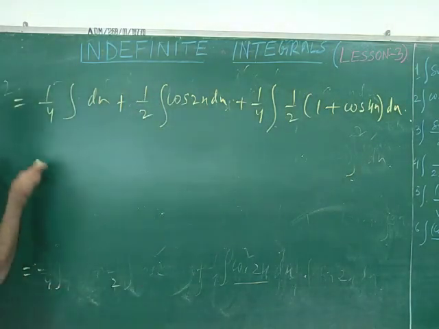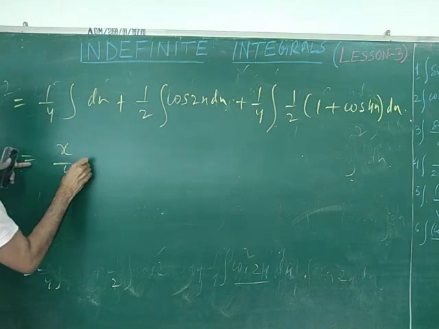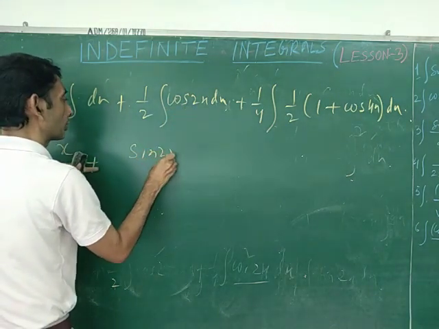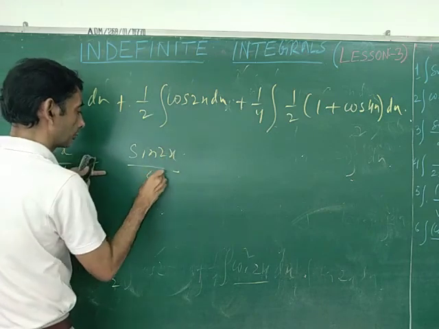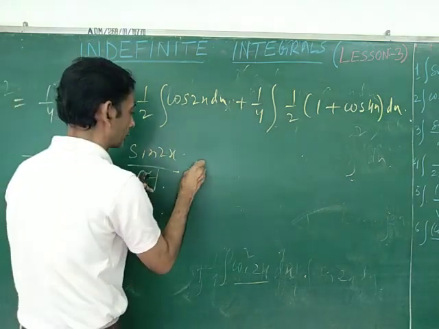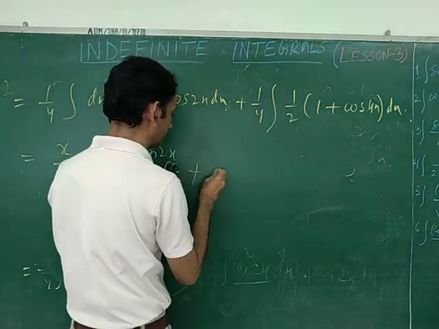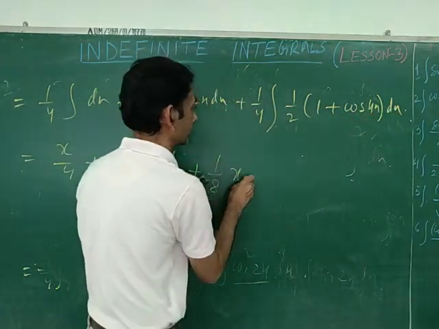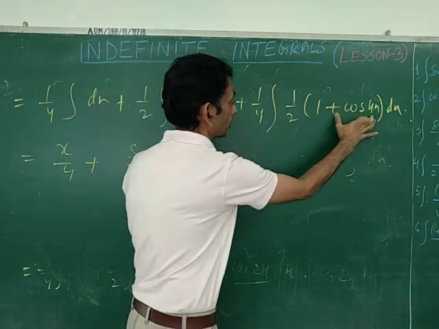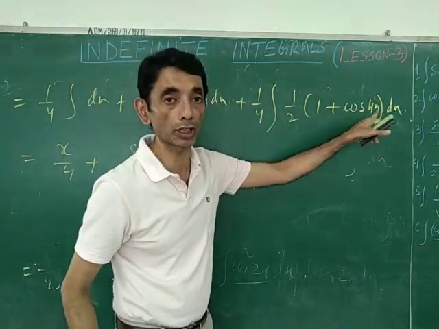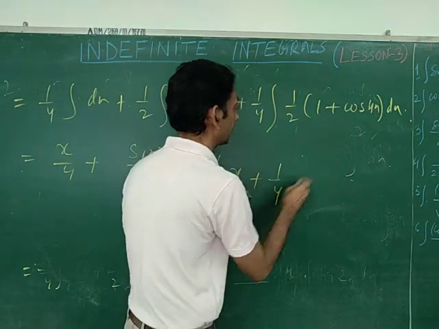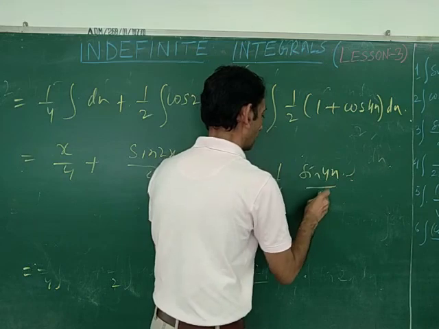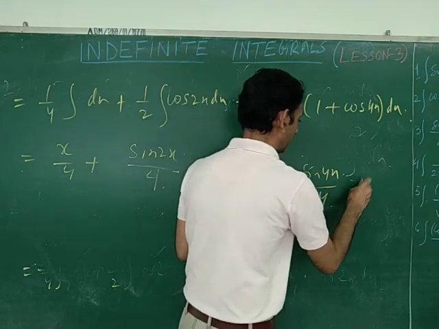This is x by 4 plus cos twice x, whose integral is sine twice x by 2, and 2 into 2 is 4, plus 1 by 4 into half is 1 by 8. If you integrate 1 dx, it's x, plus that 1 by 4 multiplied with cos 4x, and if you integrate cos 4x, it's sine 4x by 4, plus c.